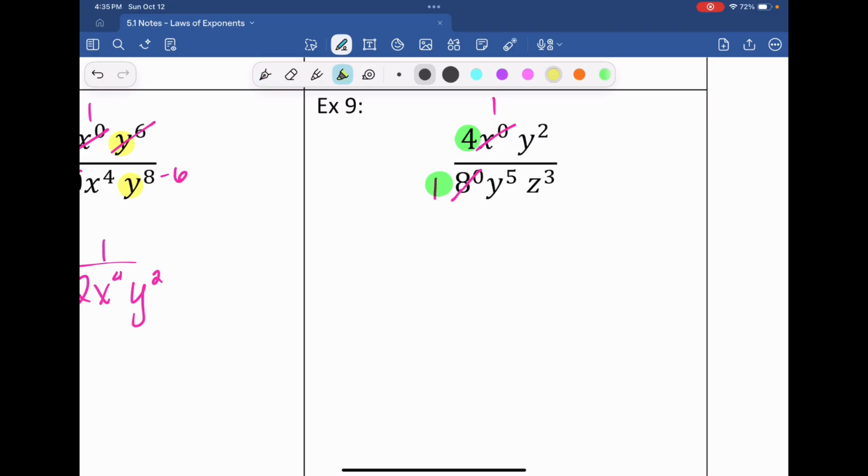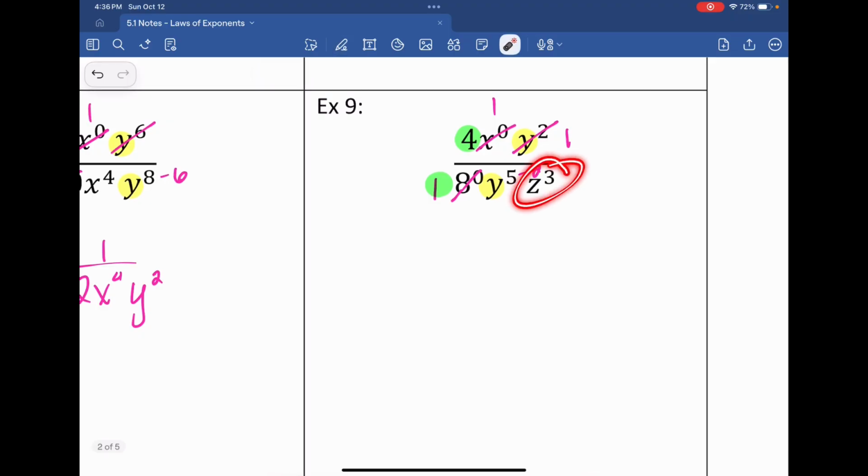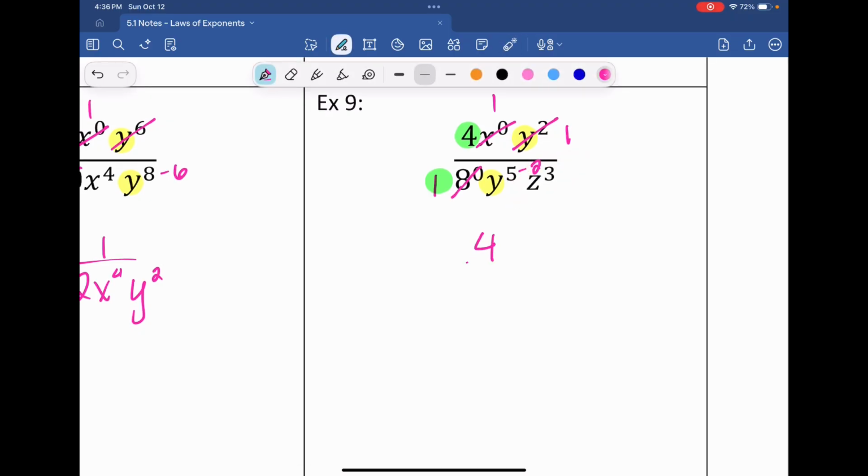You've got y squared by y to the 5th. 2 is your smaller exponent. And you don't have any z's to mess with, so you just leave that one alone. So up in the numerator, you simply have 4 because everything else was a 1. Denominator, you have y cubed because 5 minus 2. And z cubed because there weren't any other z's.